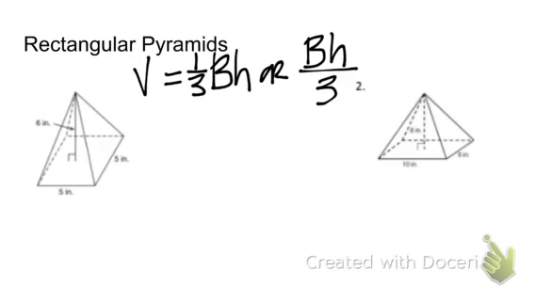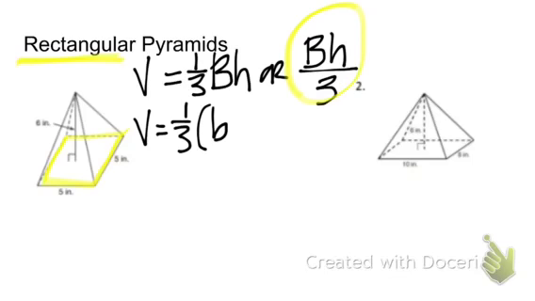I'm probably going to stick to this way just because that's what I prefer, but either way is perfectly fine. So if you look at this, this is a rectangular pyramid, meaning my base is this rectangle or square on the bottom. So I'm going to replace that big B with my area formula for a square or rectangle, which is base times height, times the height of our pyramid.